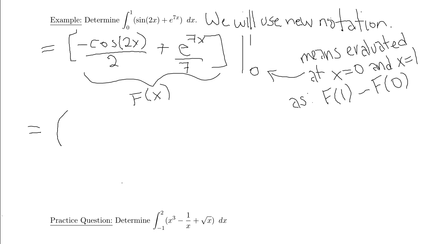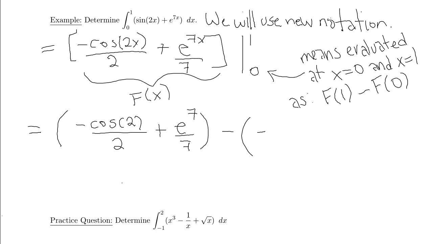So we start off by evaluating with the top bound with 1. So we have minus cosine of 2 over 2 plus e to the 7 over 7, minus, now we want to evaluate at x equals 0, so we have minus cosine of 0 over 2 plus e to the 0 over 7.